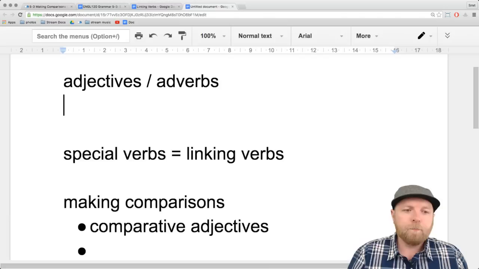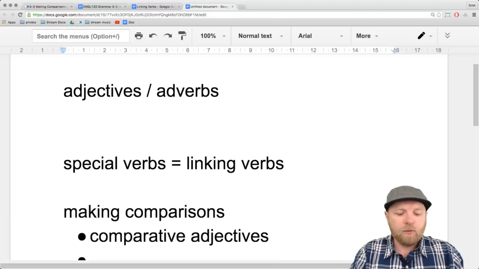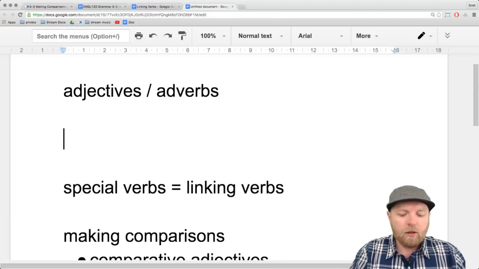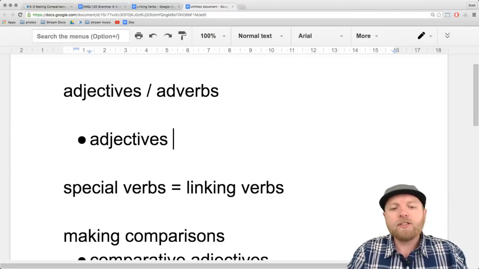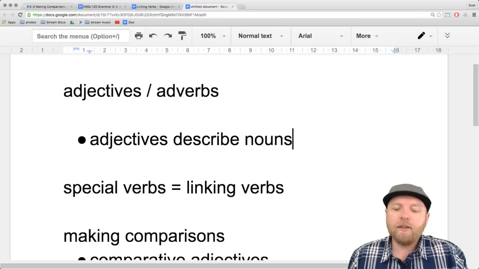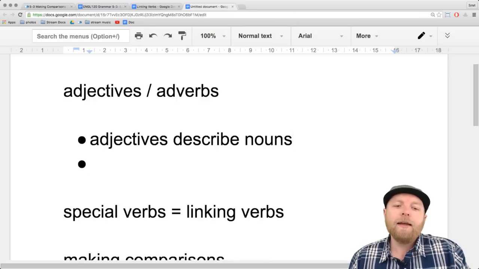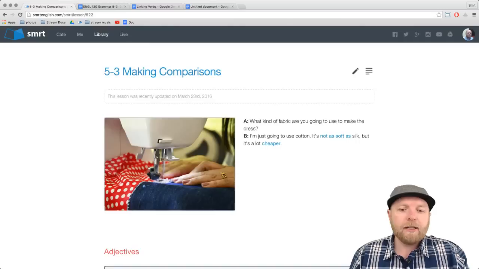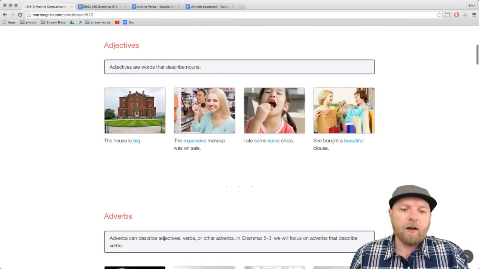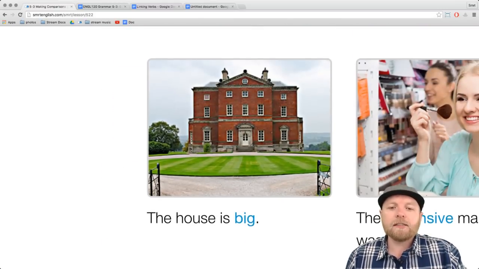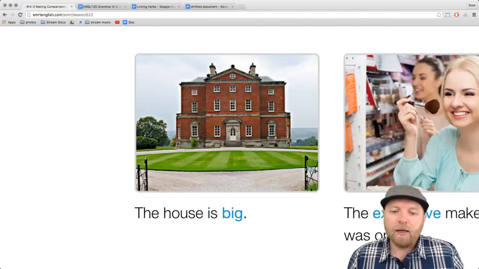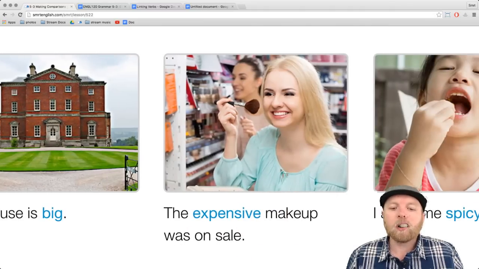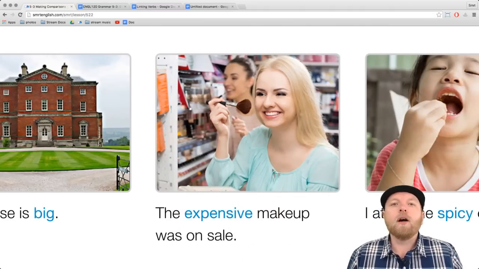Now, adjectives, what do adjectives do, right? Well, remember last week we talked about adjectives. Adjectives describe nouns. So let's look at some examples here. This is the same example as last week: the house is big. Or the expensive makeup was on sale.